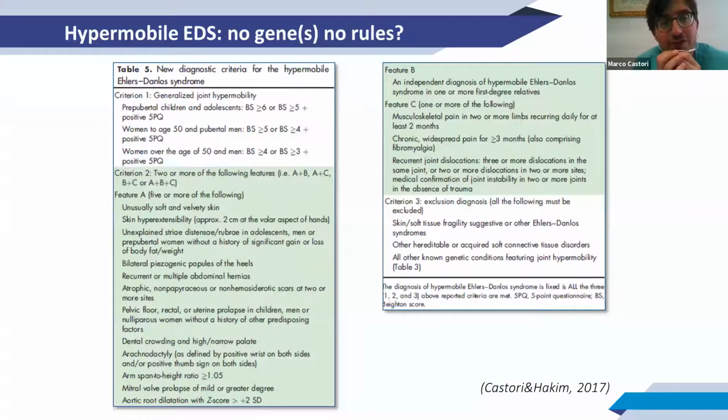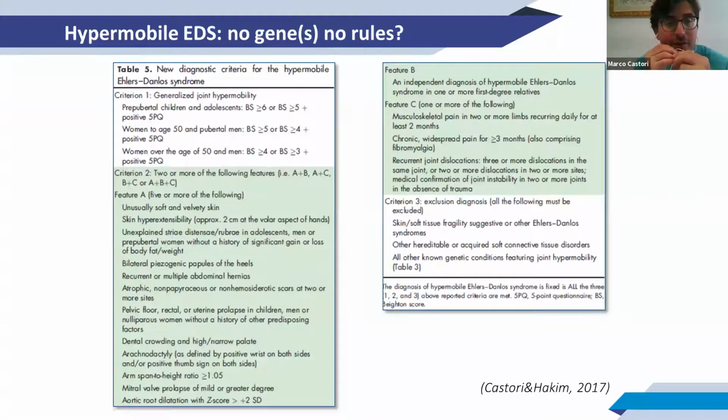The presence of generalized joint hypermobility is necessary for a diagnosis of hypermobile EDS. The current criteria slightly modified the application of the Beighton score, as I illustrated to you in the slides before.